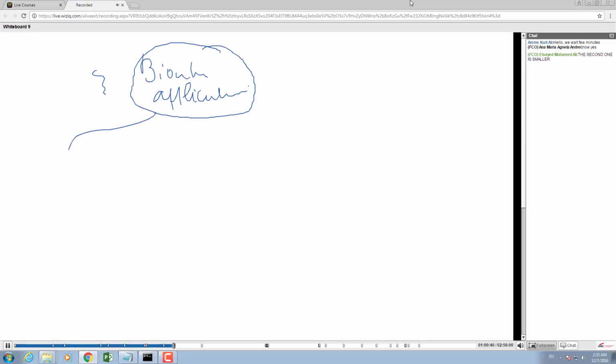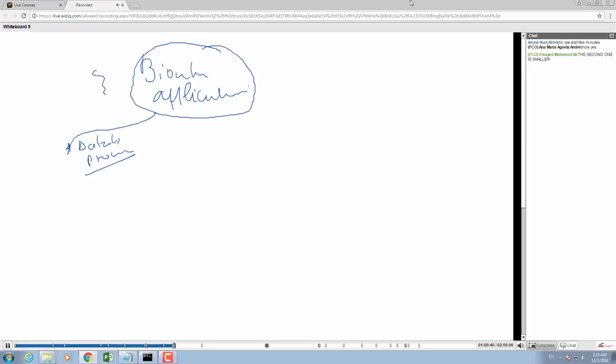when you deal with biometrics, you have to understand there is one part. Okay. When you have a biometric application, you know what a biometric application is?